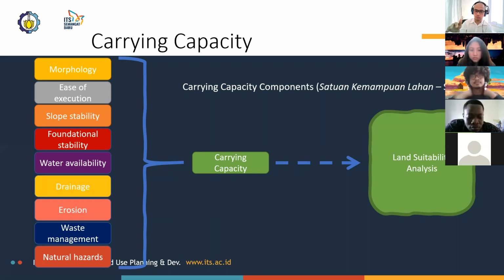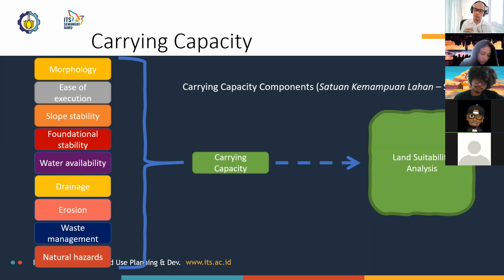There's morphology that you need to take into consideration, and this is an interesting component actually. Ease of execution or kemudahan pelaksanaan. So that's one thing that you need to take into consideration, whether this is feasible or doable or not. And then slope stability, foundational stability, the hydrological maps that you drew before can help illustrate water availability.